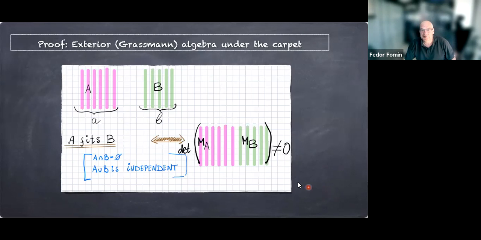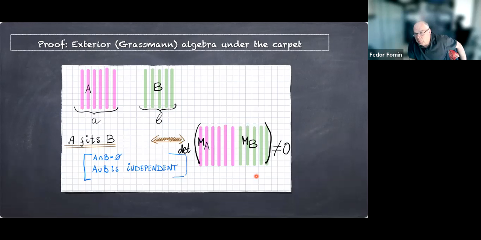Take the matrix M_A with a columns, where the number of rows is a plus b, and the matrix M_B with b columns and a plus b rows. Then A fits B if and only if the determinant of the matrix obtained by putting M_A and M_B together is not equal to 0.